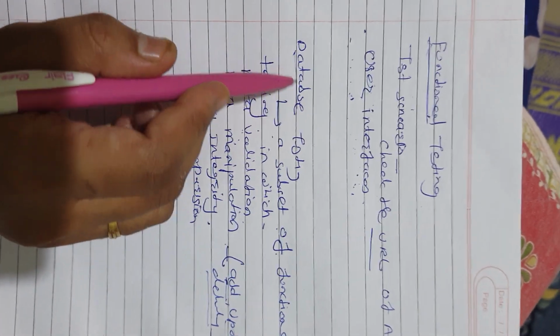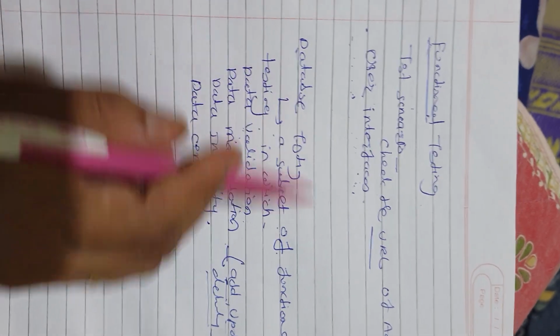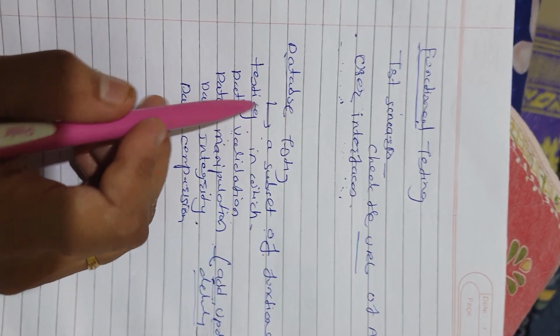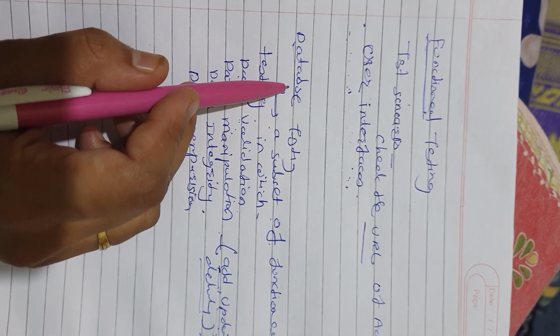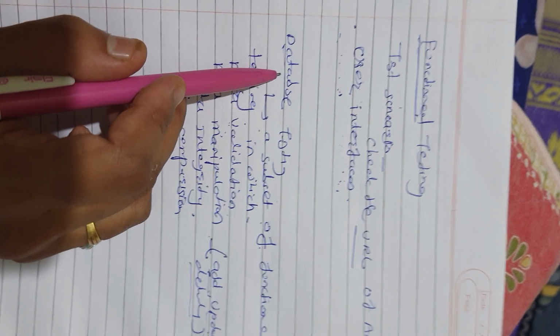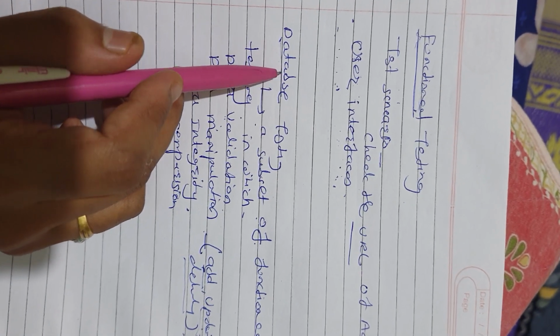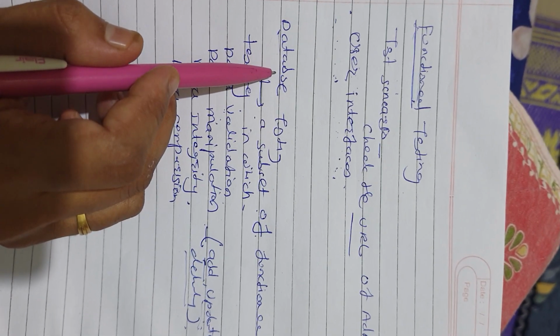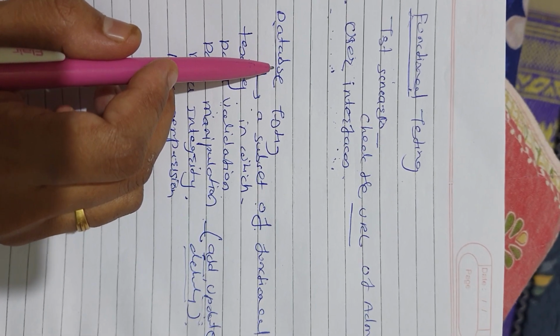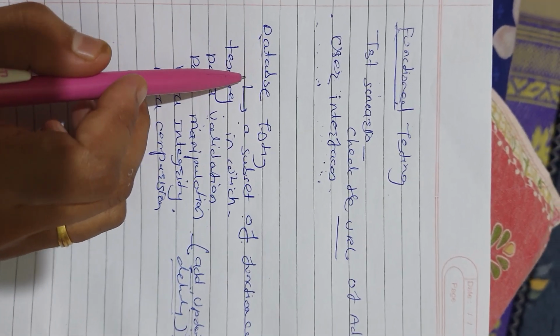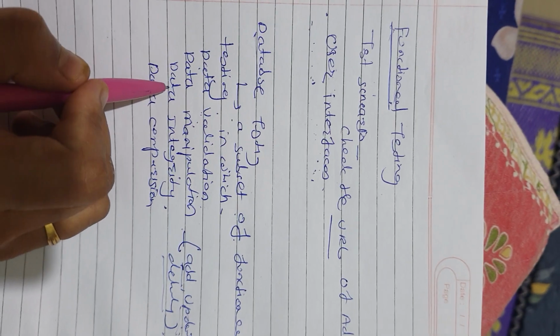The database is used for storing information. So it is a subset of functional testing in which we have to perform data validation. Whatever data is stored in the database, you have to check whether this particular data is valid or not. Then if any new data is added, any old data is updated with new data, or any data is deleted from the database, you have to check using data manipulation.